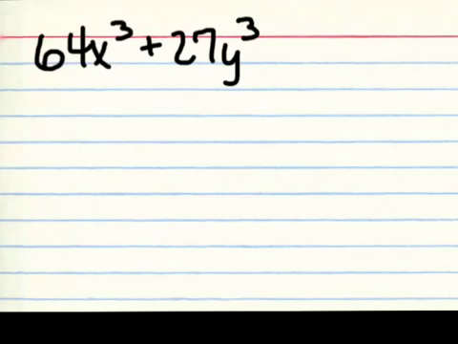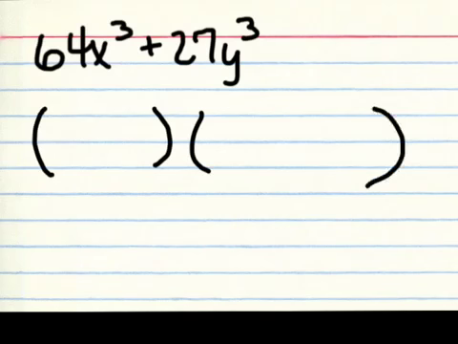64x cubed plus 27y cubed. So the first part is the cubed root of 64x cubed, which is 4x, plus the cubed root of 27y cubed, which is 3y.